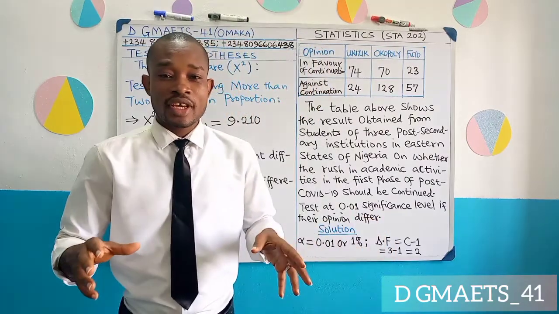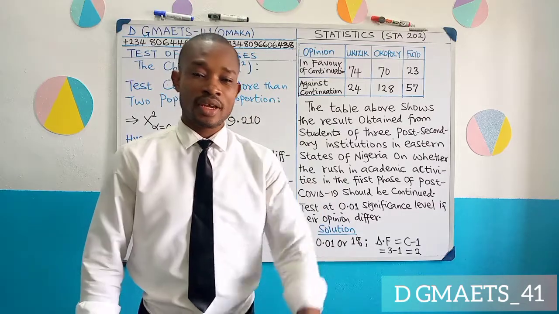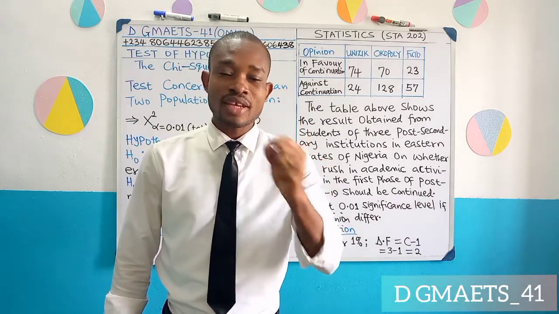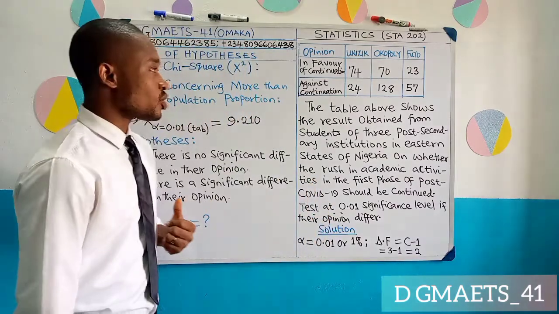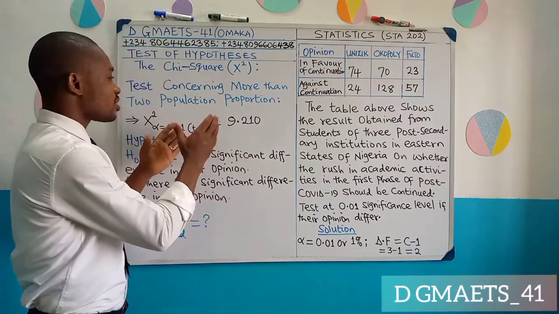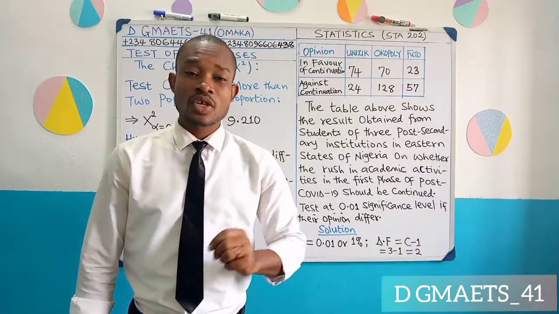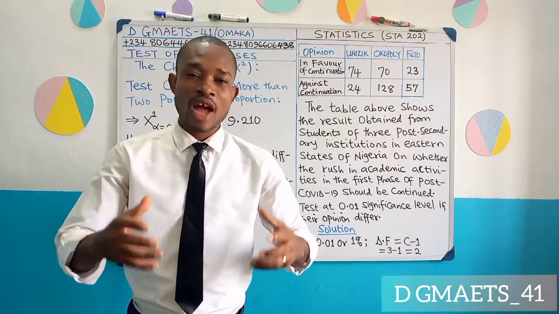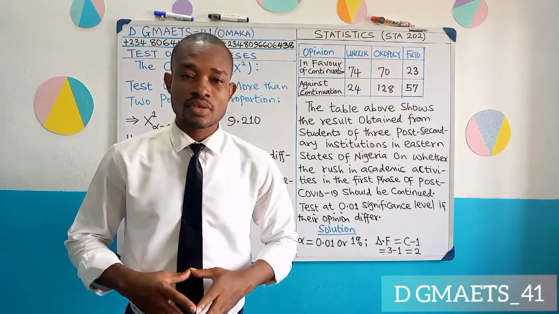In this video today, I'll be carrying you through how we apply chi-square in carrying out tests of hypotheses. We'll be using chi-square to carry out tests concerning more than two population proportions. This test is also known as the test of homogeneity, and sometimes the contingency test.